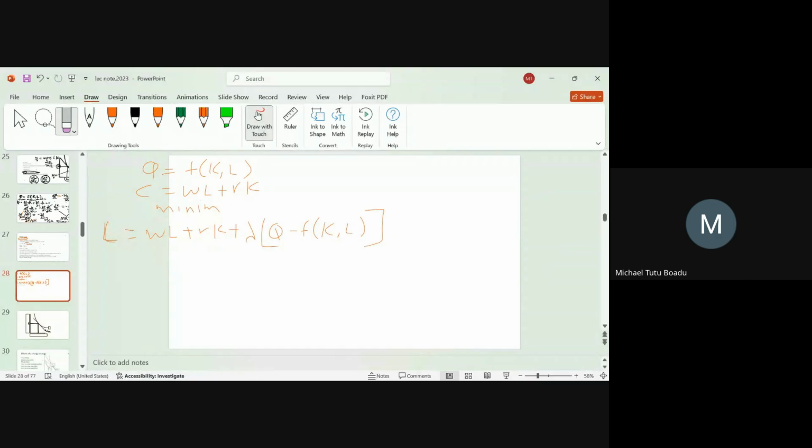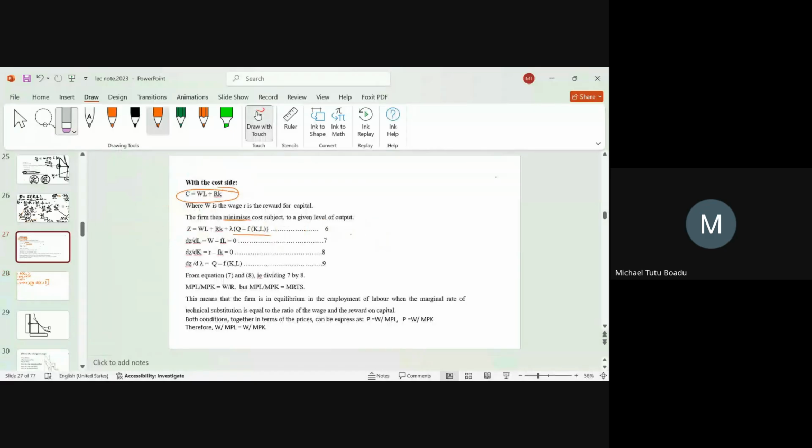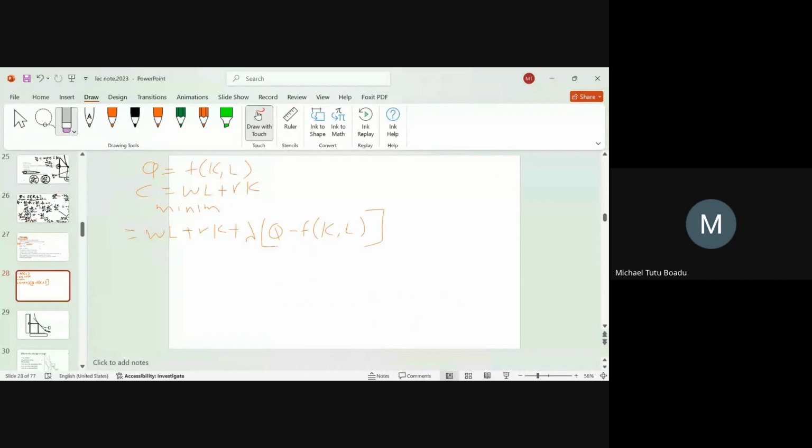Now you differentiate this function with respect to L, with respect to K, and with respect to lambda, so that you can have three different functions. Okay, that's what we have here. The Z is the same as my L, which I have indicated. Let me use Z to avoid confusion between L, which is labor, and the Lagrange function.